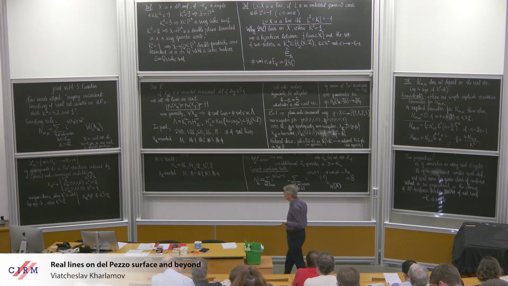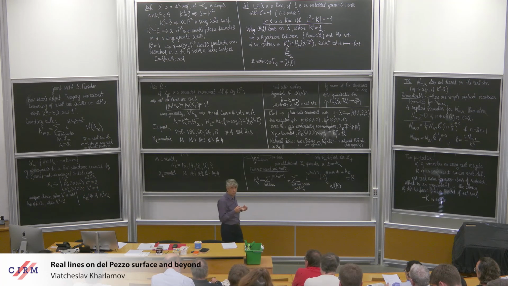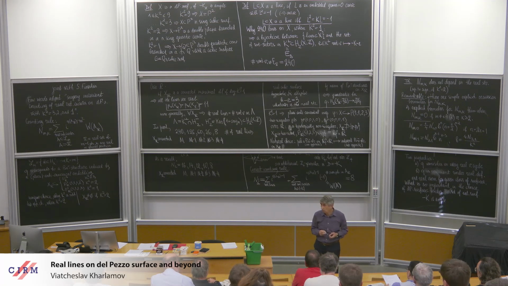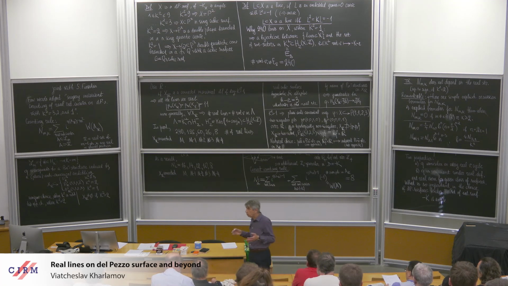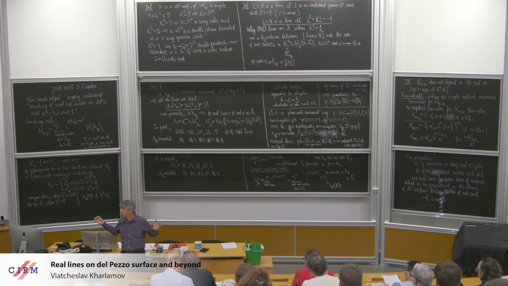So I wrote some sums, nobody asked me why this sum is finite. And this is exactly what is changing when you pass from blowing up 8 points to 9 points. So the number, already the number of real lines becomes infinite. So how to write a sum? What is the answer?